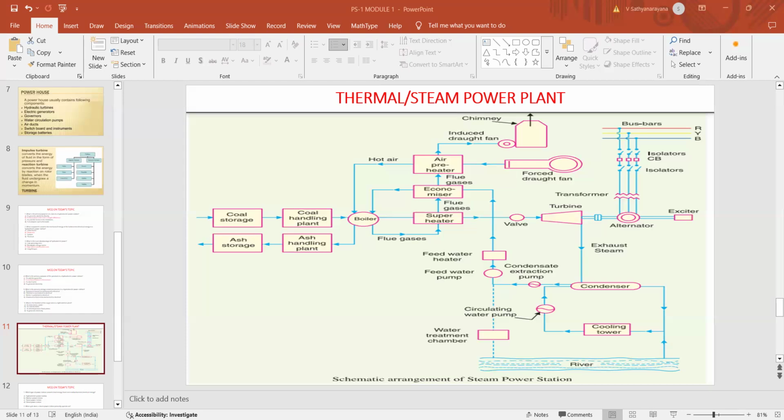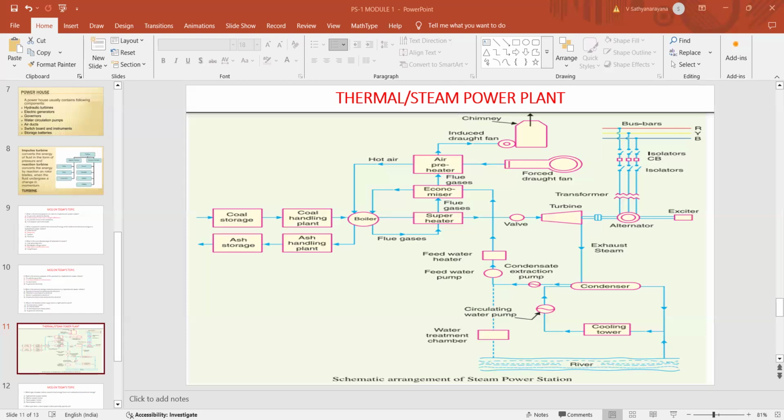All right. So the boiler completed its task of heating, and after the coal, what should happen? See, the boiler. There is a river. Are you able to see the bottom of the schematic diagram? Yes, sir.